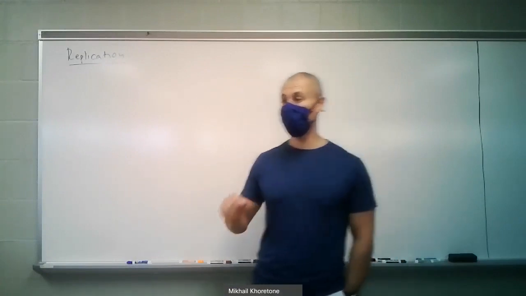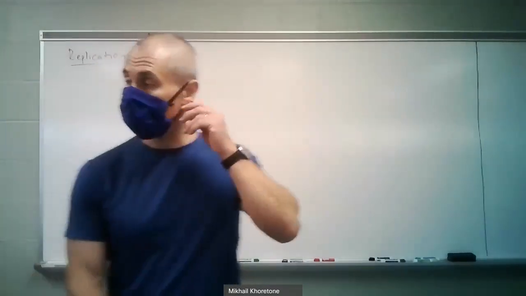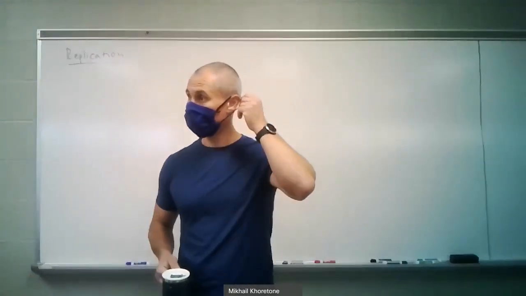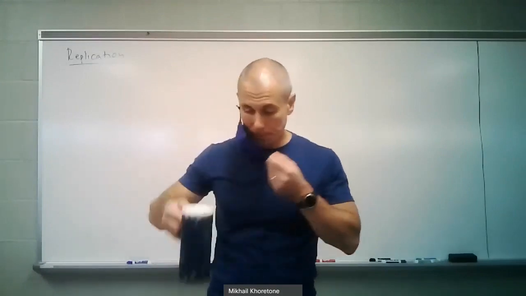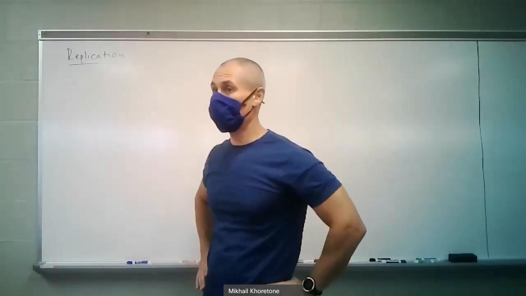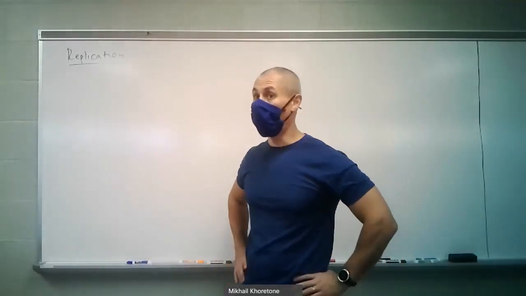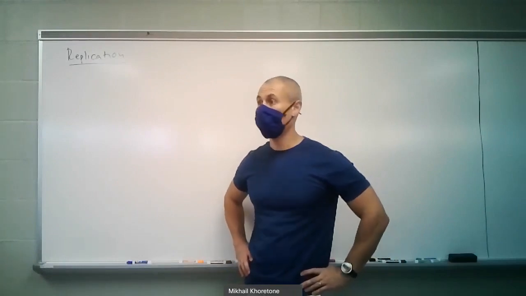The picture that you have in your lecture notes, the picture of the DNA replication, is a static snapshot. Meaning that what you're looking at is a moment in DNA replication. It does not really reflect the process.